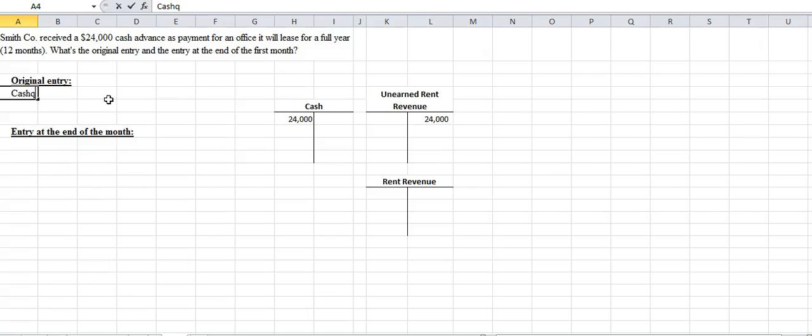Cash, 24,000, and then unearned rent revenue, 24,000. Okay, that's the original entry.